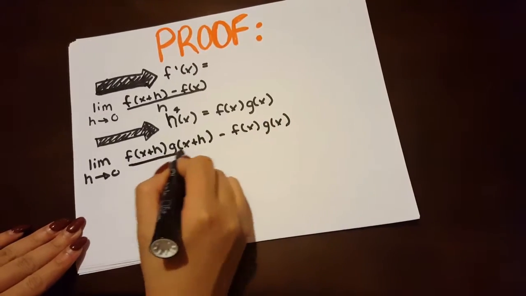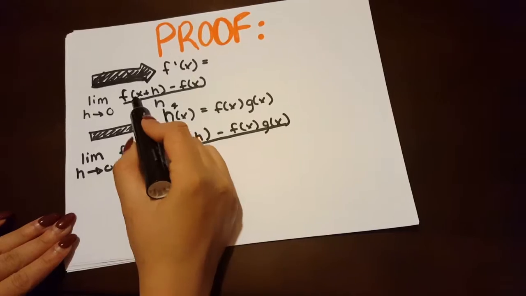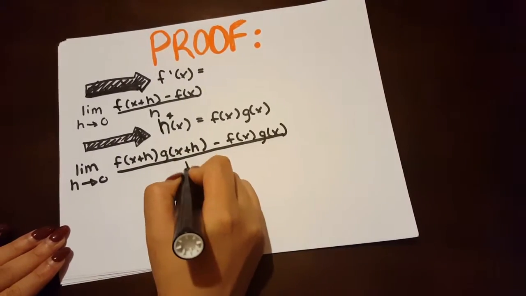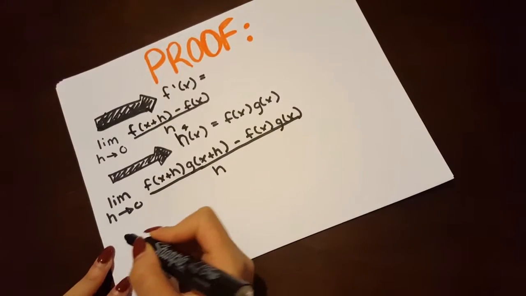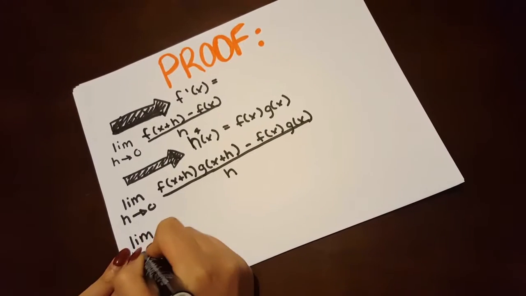Here, the only thing that was different was that I multiplied f of x by g of x over here, so it's a bit longer. Okay, so now what I'm going to do is add something in the middle.